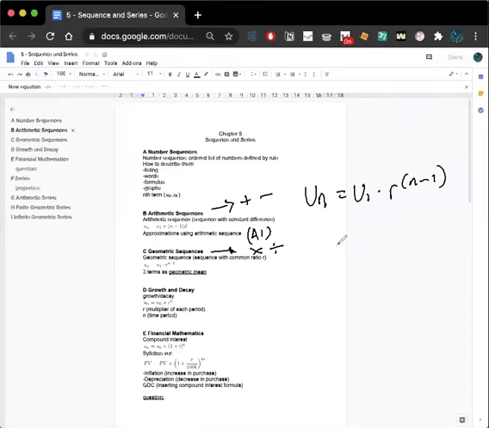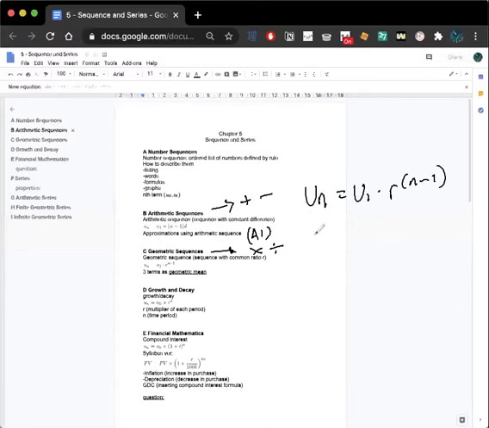So this is kind of like the same thing as the arithmetic sequence. The formula itself wants you to remove the first ratio, so you can have u1 and then multiply it for the rest of it.